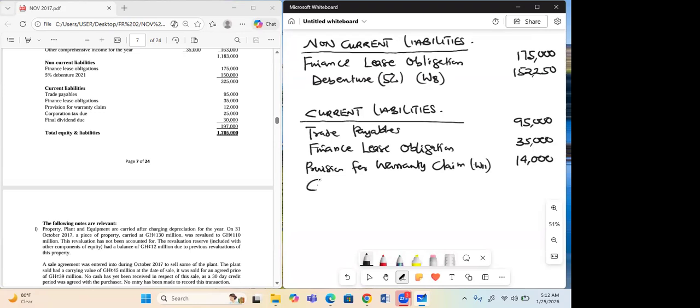Corporation tax due. 25,000. Then final dividend due. 30,000.